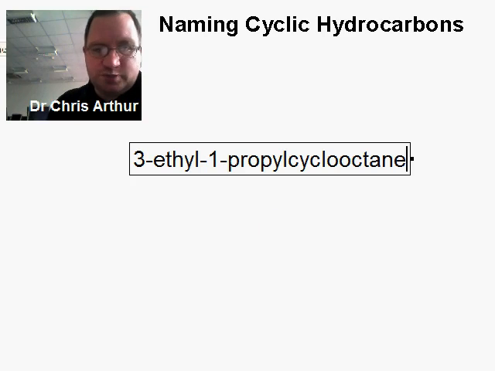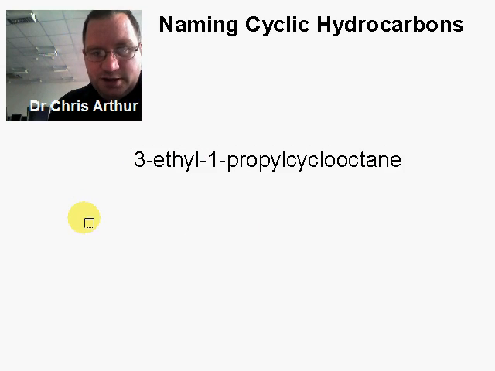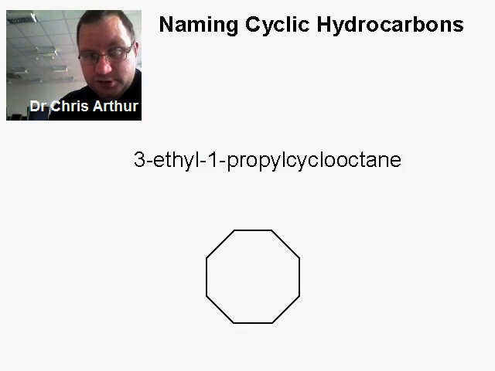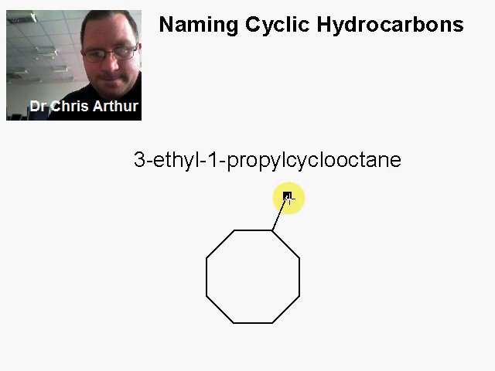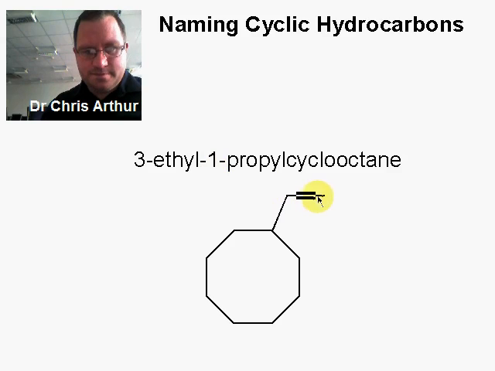So this is going to be much more complicated now. So we have a cyclooctyl ring, so that's 8 carbons now. So let's draw that in. And on carbon number 1, we're going to put a propyl group. Remember, prop means it's got 3 carbons in it, so we're going to put a 3 carbon long chain in here. 1, 2, 3 carbons.